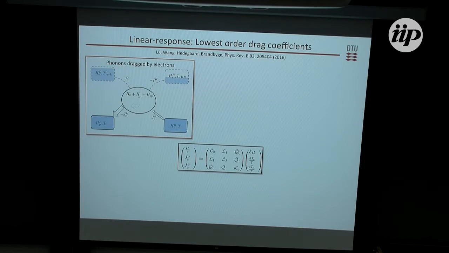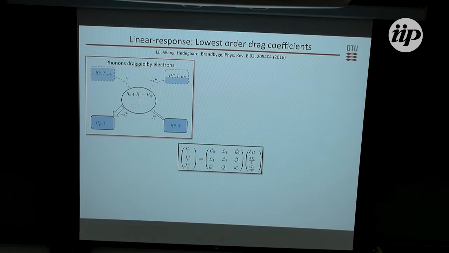We have looked a little bit more into this recently, and you can think of a system where you have the two electron reservoirs left and right, with different chemical potentials, and then you see a different phonon current flow between two phonon reservoirs at equal temperature going from left and right.